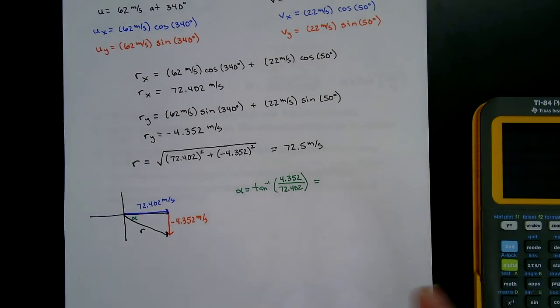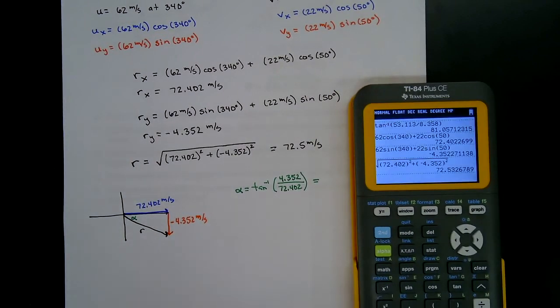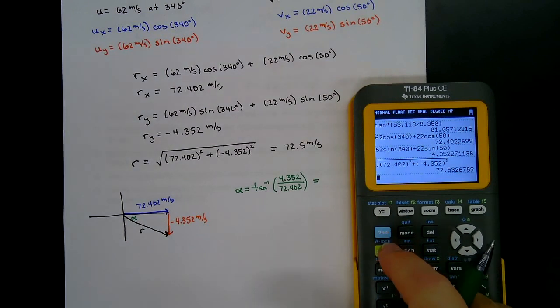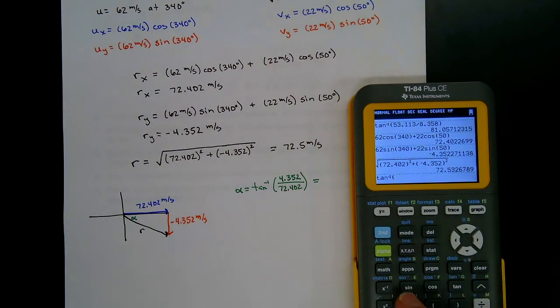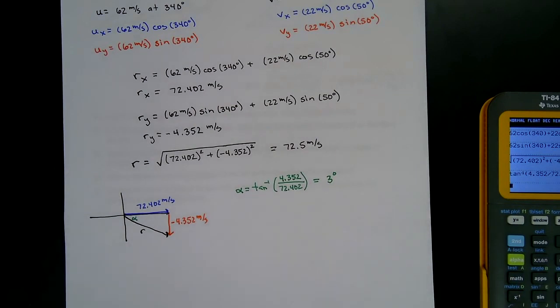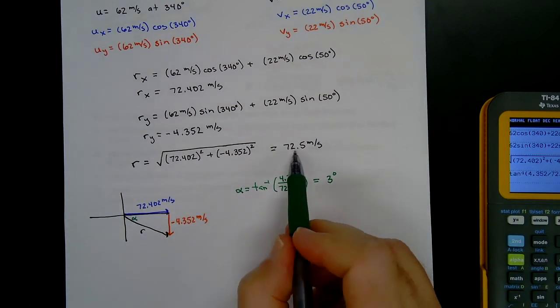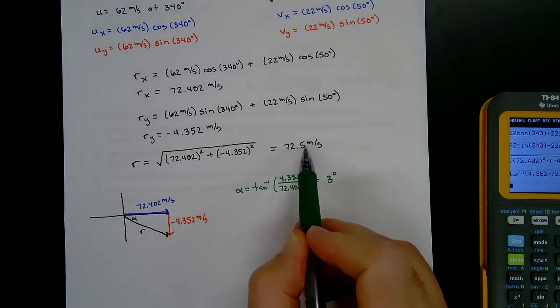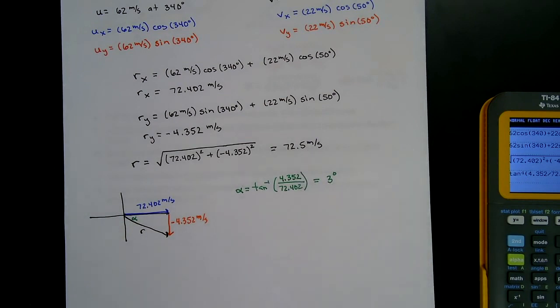And when we put that into our calculator, it's going to give us actually a small angle. 4.352 divided by 72.402. And yeah, 3.4. So this is 3 degrees. Okay, so I want you to round the magnitude of the vector to 1 decimal place, and I want you to round the angle to the nearest degree, and that's going to be good enough for what we're doing. All right.